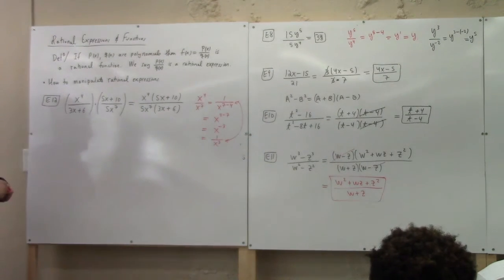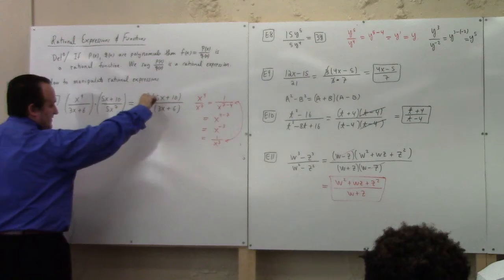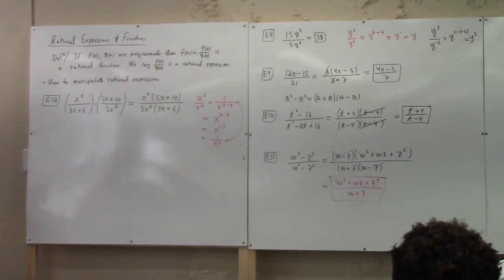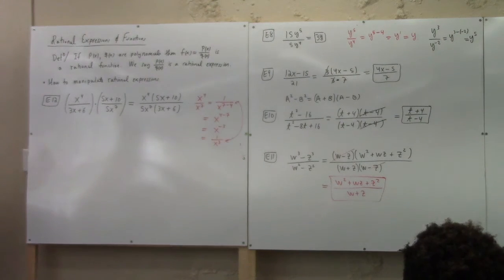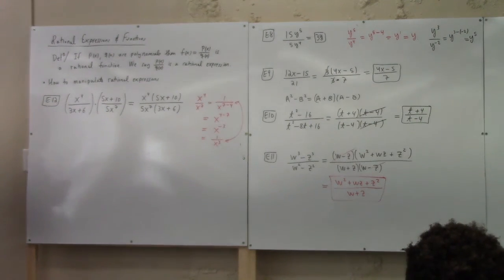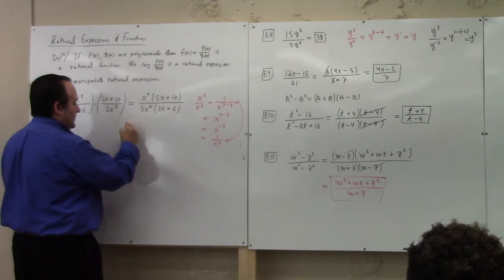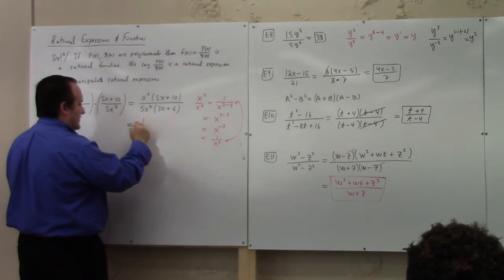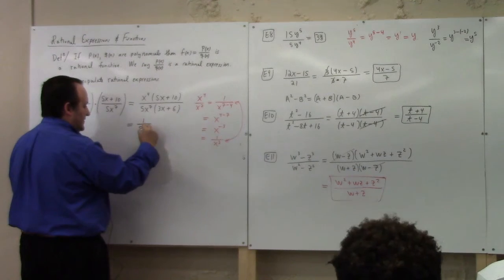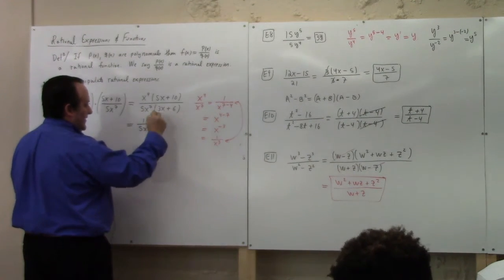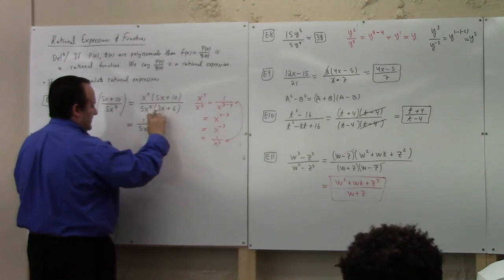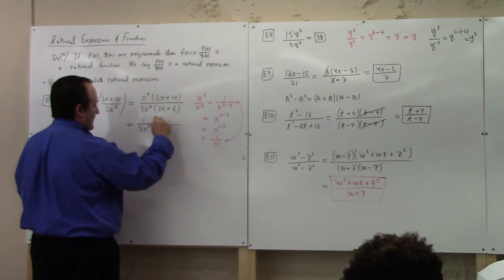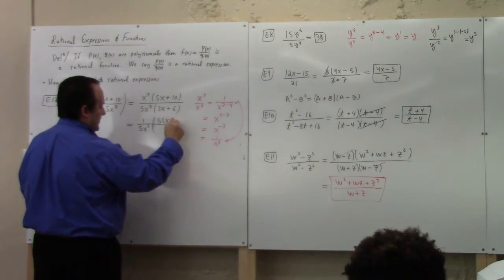At the moment, I'm just focusing on this piece of it, the x to the 4th over x to the 7th. We'll come back to the whole fractions. I've changed colors just to do the x part. So using what I did in red, x to the 4th over x to the 7th simplifies as 1 over x cubed. We can factor a 5 out of 5x plus 10, right? 5 times what? 5 times x plus 2, right?